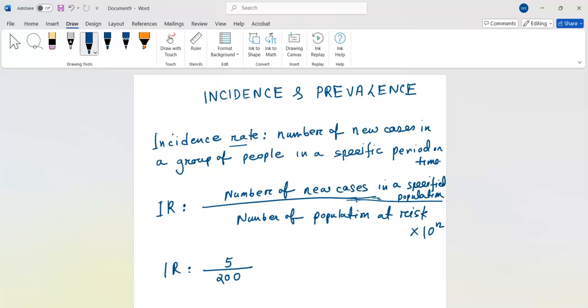So it could be percentage wise, or how many cases, or what is the incidence rate per 100,000 people.